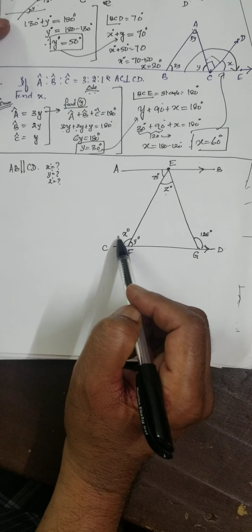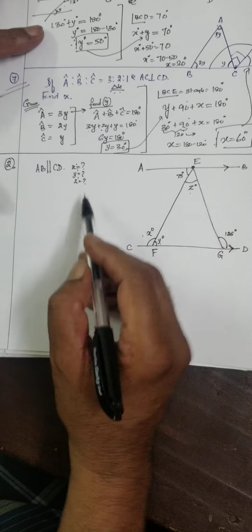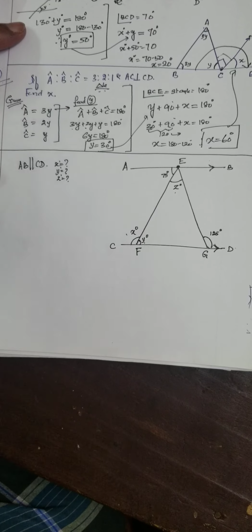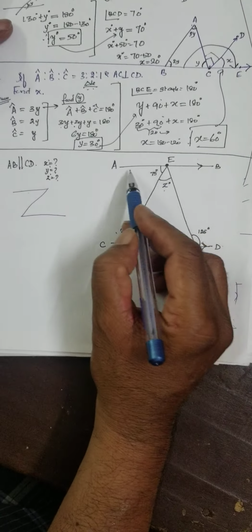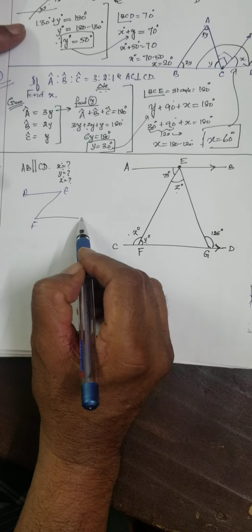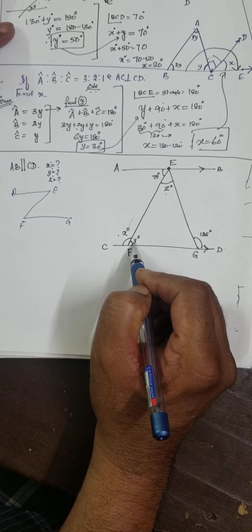Z you have to find out, x you have to find out, this y you have to find out. Two are parallel lines. Now it is like Z, is it not? See, A, E, F, G. Alternate angles, that is E and F are alternate angles.